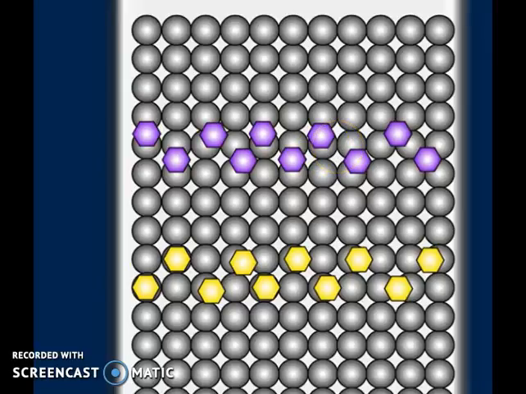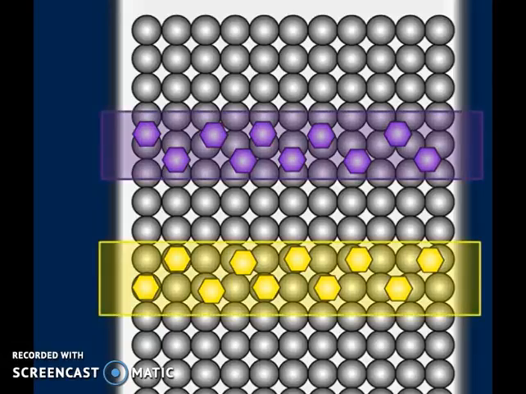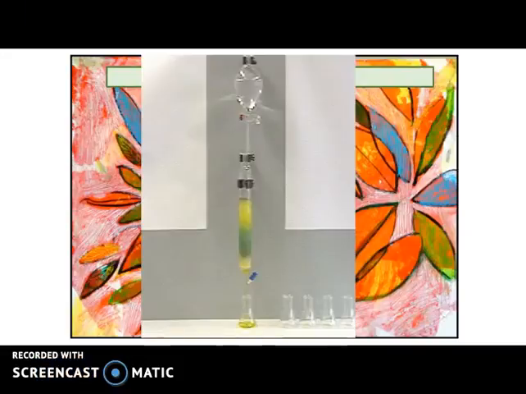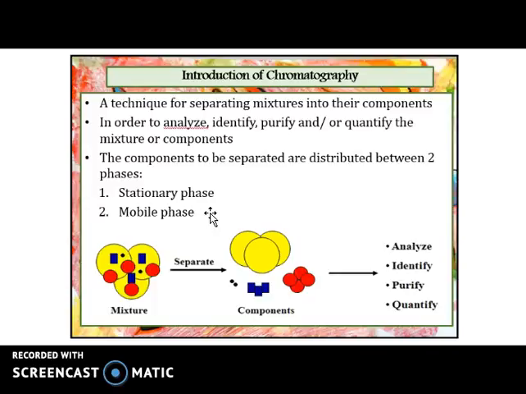In this case, they have differential adsorption towards the stationary phase. So that is what happens in the column of chromatography. So I hope you understand by now how chromatography works. It works by separating mixtures according to differential affinities, and it must have one stationary phase and a mobile phase in order for separation to happen.